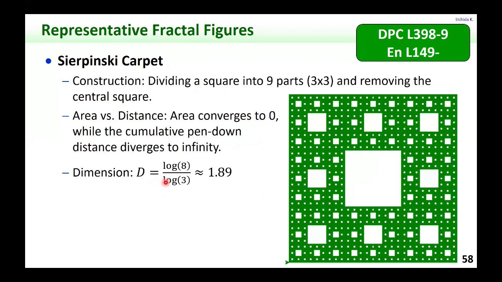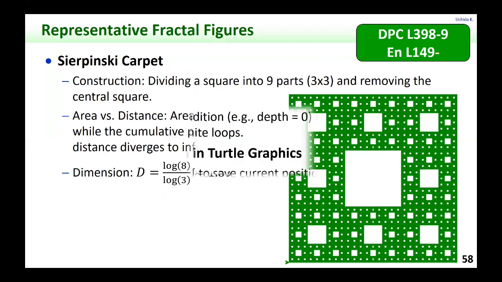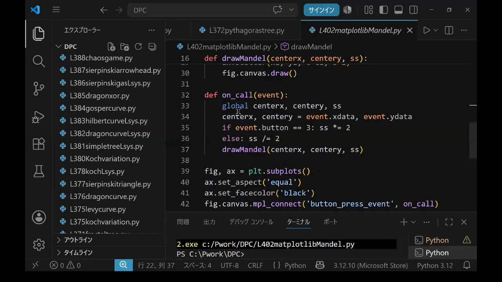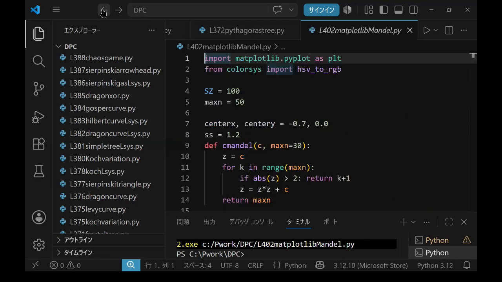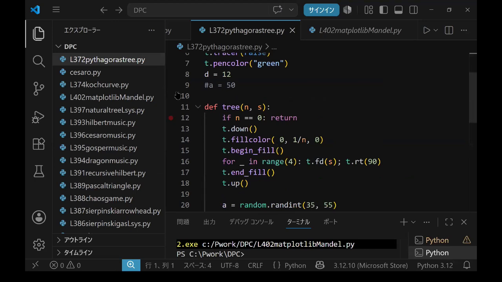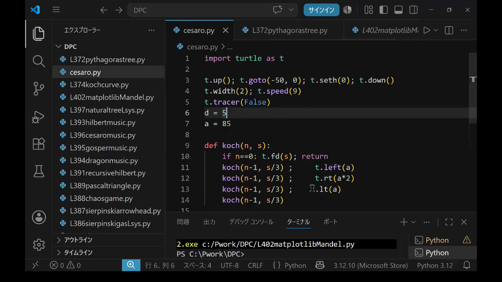Let me go on. Another interesting aspect of fractals is that you can draw them in many different ways. The basic algorithm is the use of recursion, okay? Such as in the Koch curve case, we can use recursive calls of the Koch curve. This is a typical recursive call.